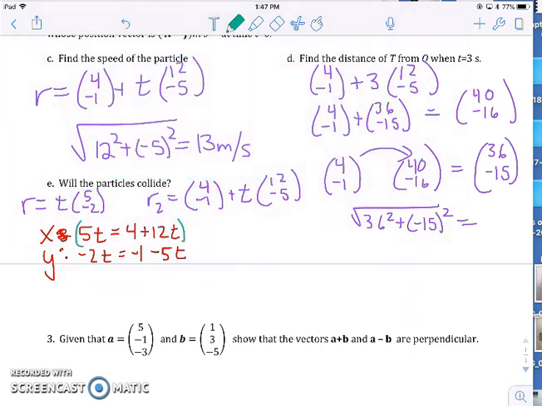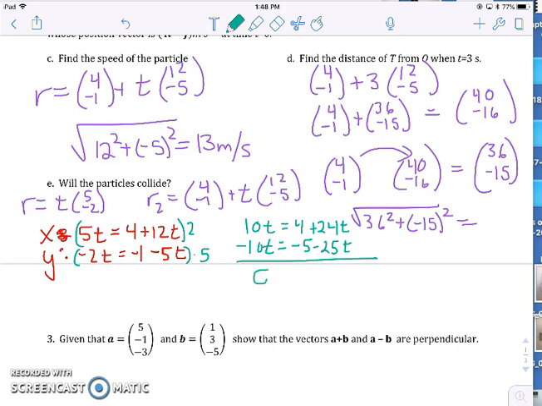So times 2, and this one times negative 5. So we have 10t equals 4 plus 24t. And then we'd have negative 10t equals, that'd be negative 5 minus 25t.